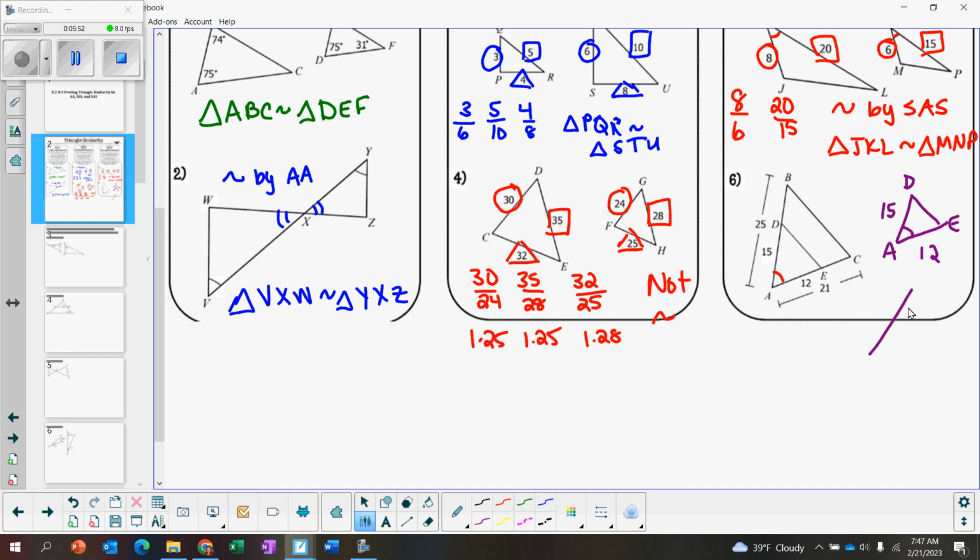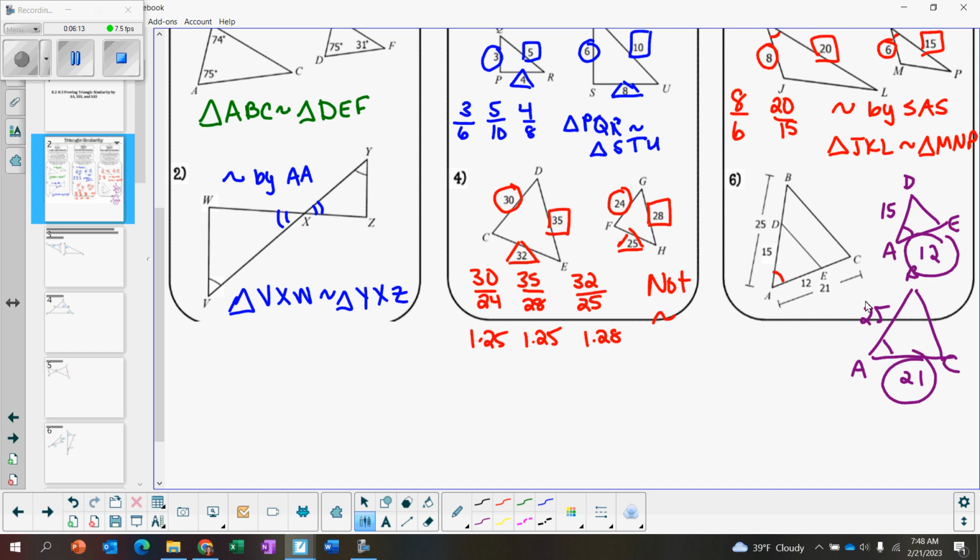And then the bigger one has the angle there. That's point B, point C, point A. Now this whole side is 25. This whole side is 21. Of these two, 12 is the smaller, 21 is the smaller, 15 is the bigger, 25 is the bigger.